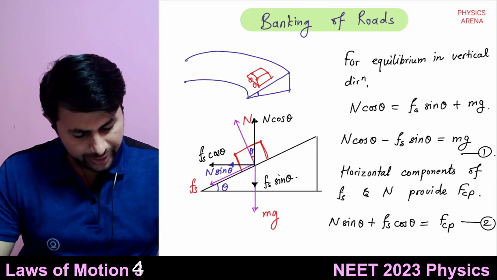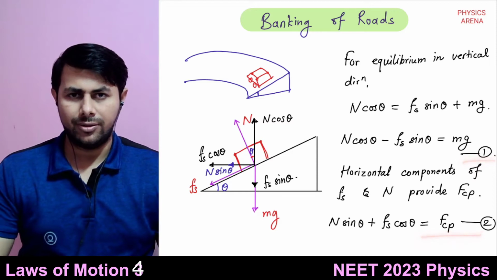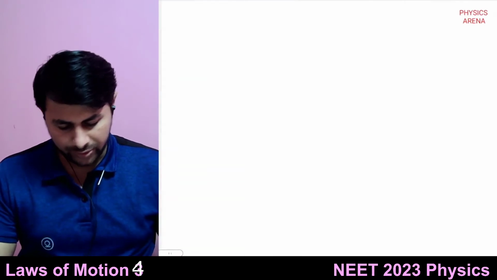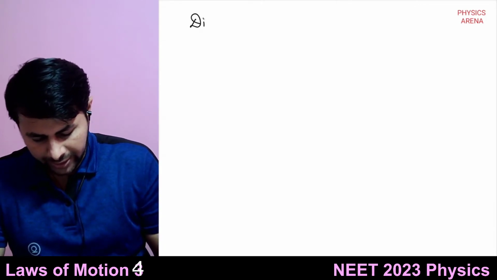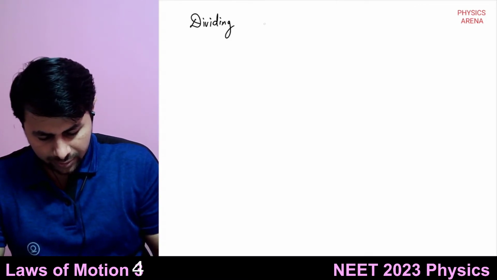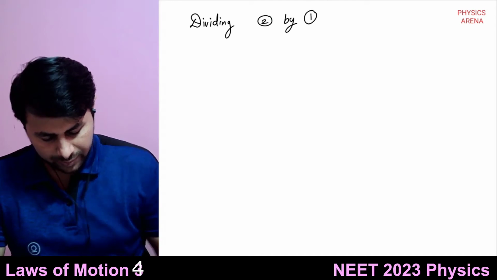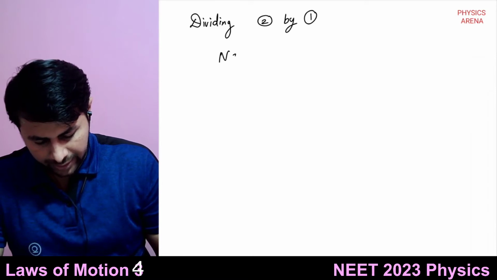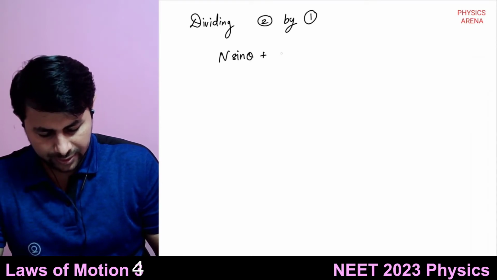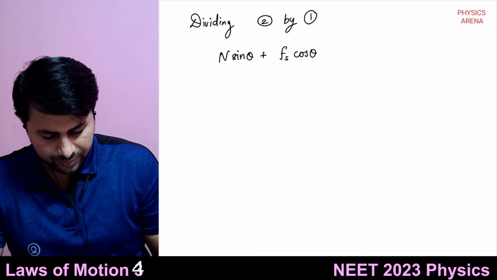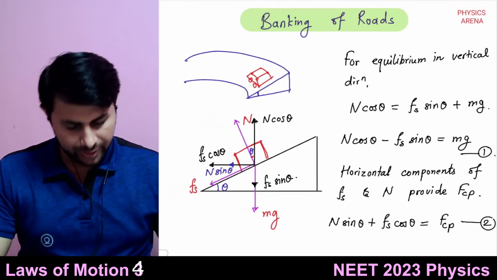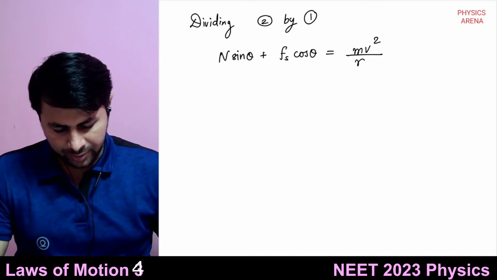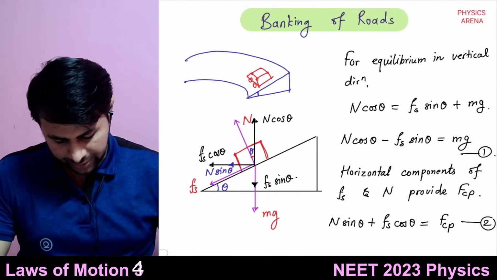Then I will divide equation 2 by equation 1. So dividing 2 by 1, I get n sin theta plus Fs cos theta equal to FCP, which can be written as mv square divided by r, and I want to divide this with equation 1.